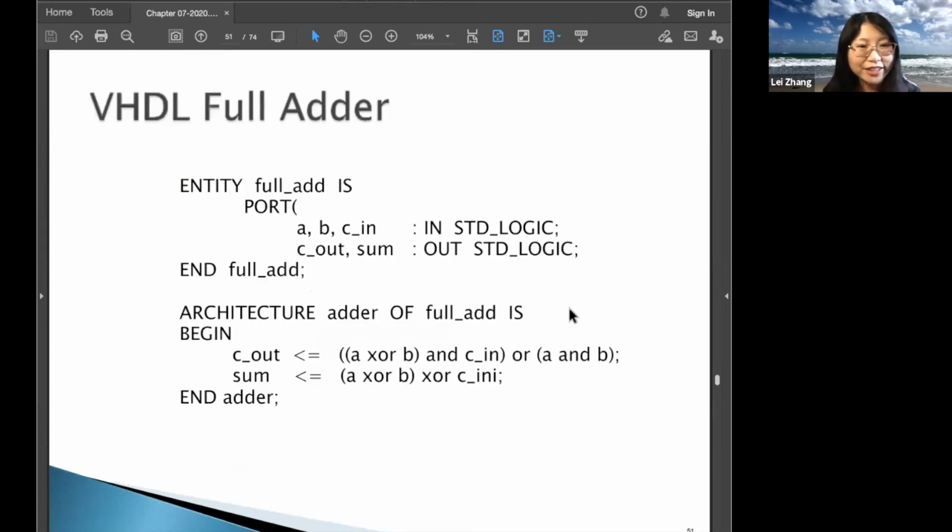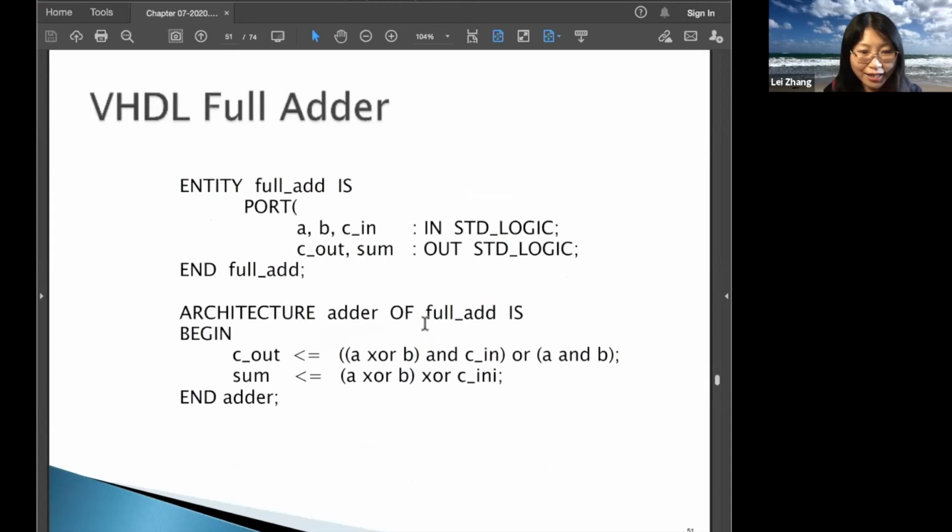Okay, VHDL full adder in the parallel adder mode. So entity definition, I won't go through this. So we basically have input output port. They are all defined in standard logic.